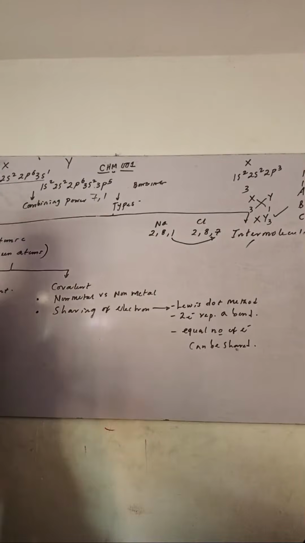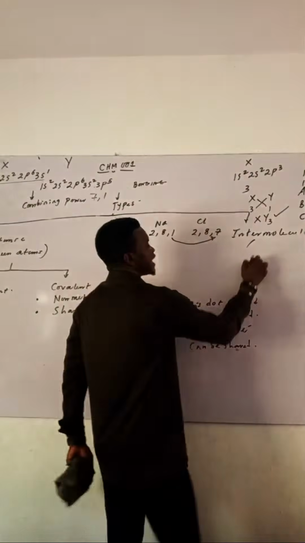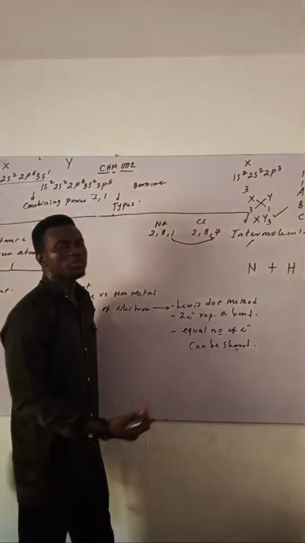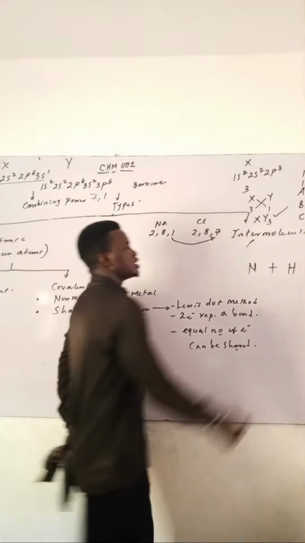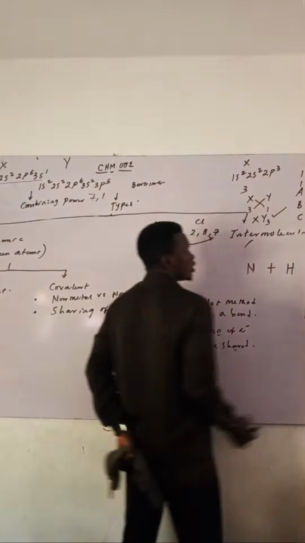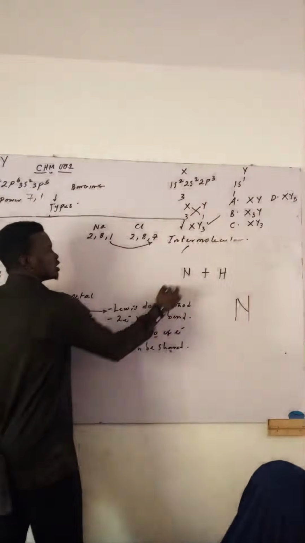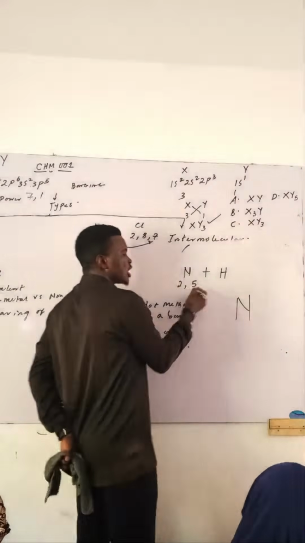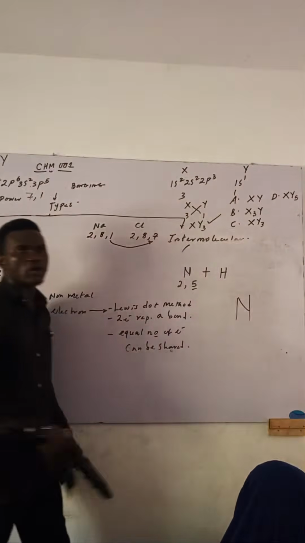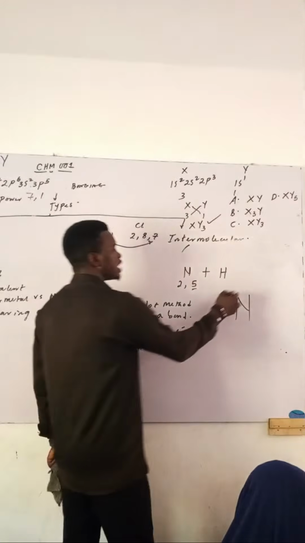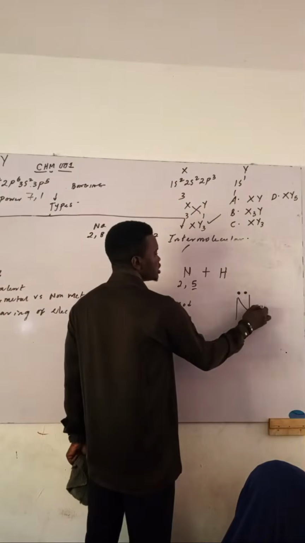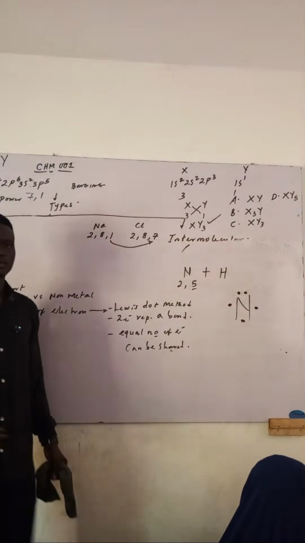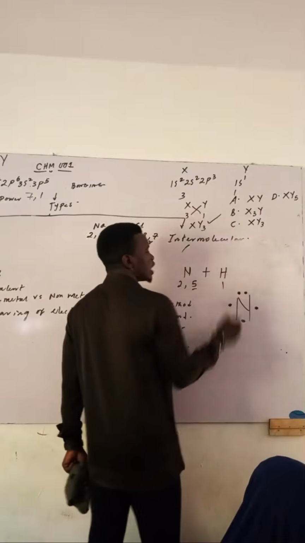Let's take an example. They said nitrogen and hydrogen. You should form a bond between them. Nitrogen by Lewis dots has 2, 5. You represent just the valence electrons, because those are the ones used in bonding: 1, 2, 3, 4, 5 for nitrogen. For hydrogen it is 1.